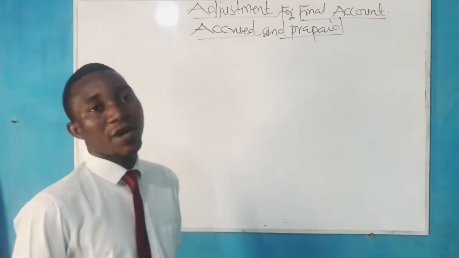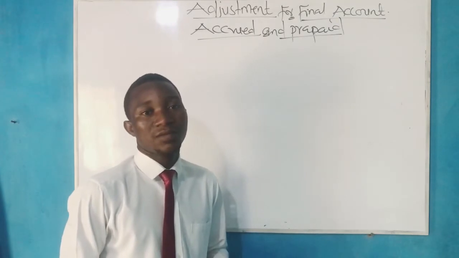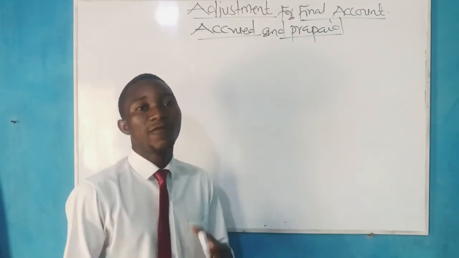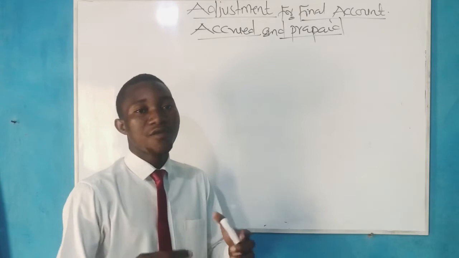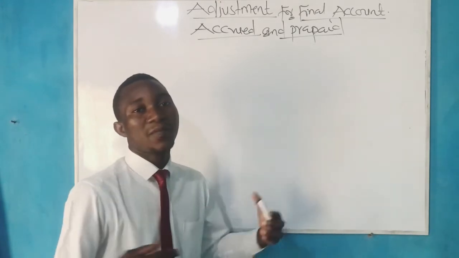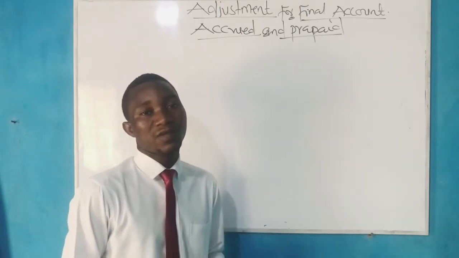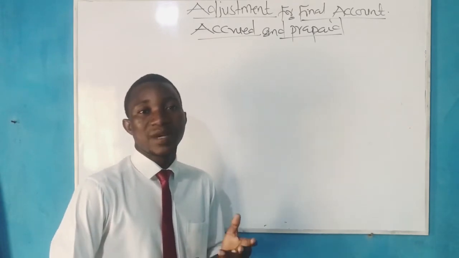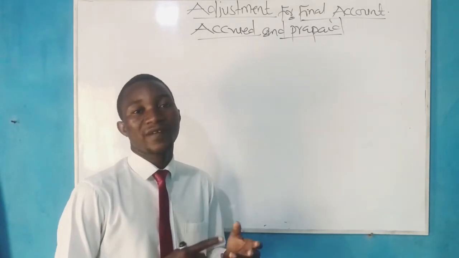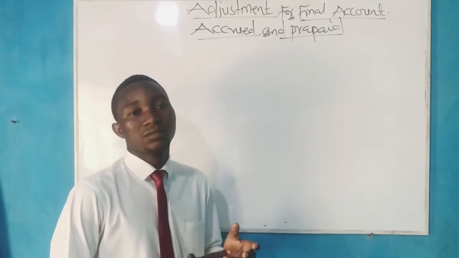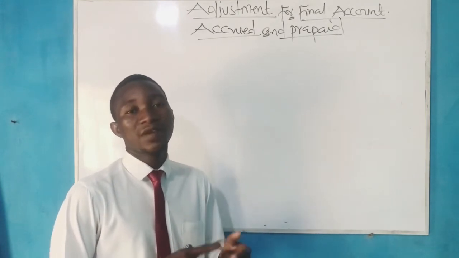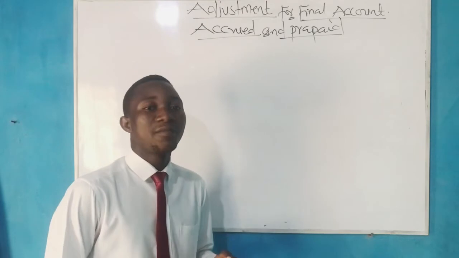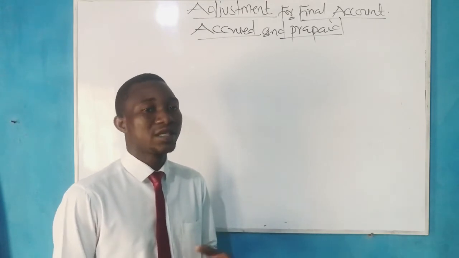As far as accrued and prepayment is concerned, we will be looking at four areas of accrued and prepayment and how they will be treated in the final account of a sole trader. First of all, we have expenses, which we will break into two: expenses accrued and expenses prepaid. Then we have income accrued and income prepaid. So we are going to look at how these items will be treated.